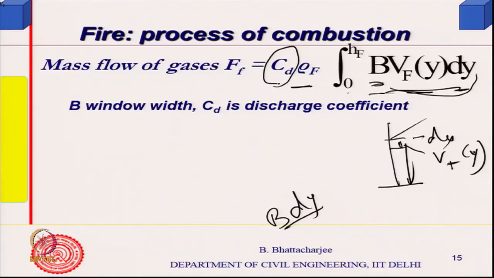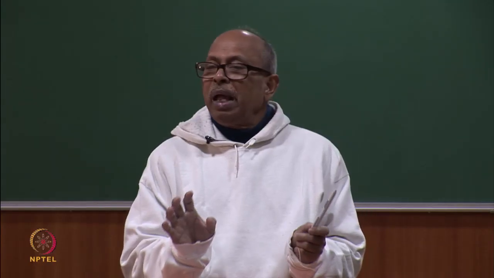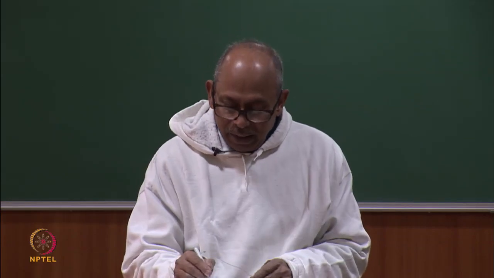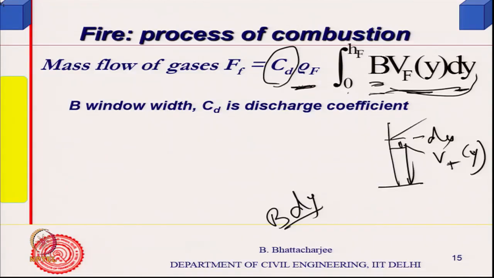CD is what is called the discharge coefficient, because physically we understand these are the factors which will affect the flow. The volume flow multiplied by density gives the mass flow, multiplied by the discharge coefficient, which takes care of all unknown factors. So, B is the window width and CD is the discharge coefficient.